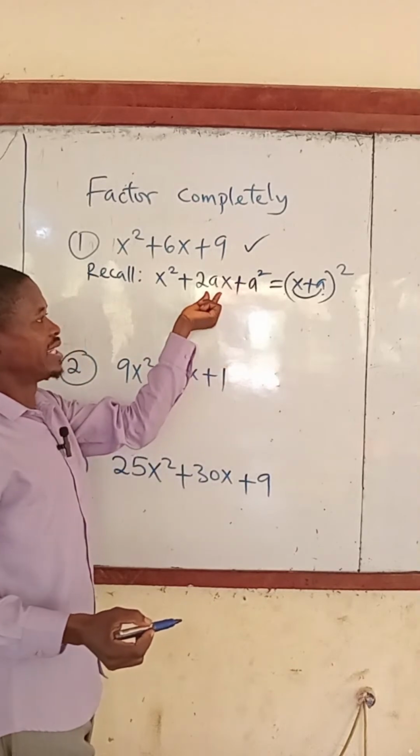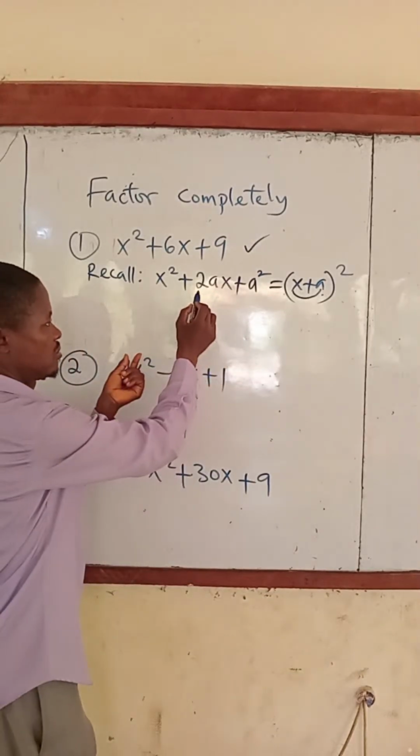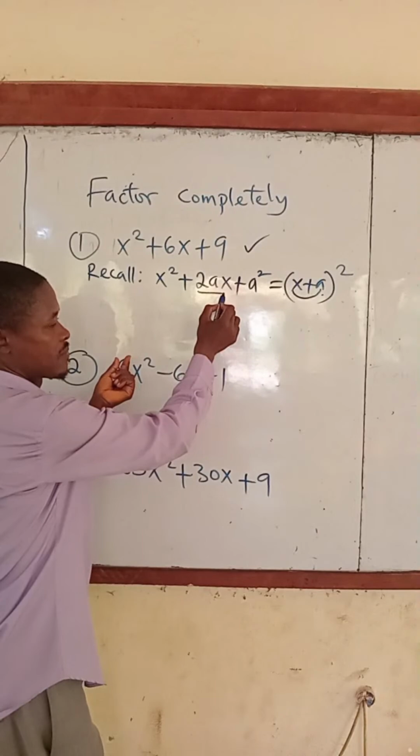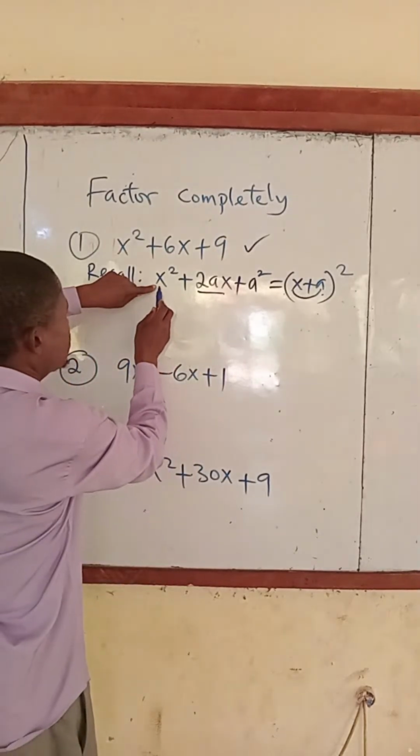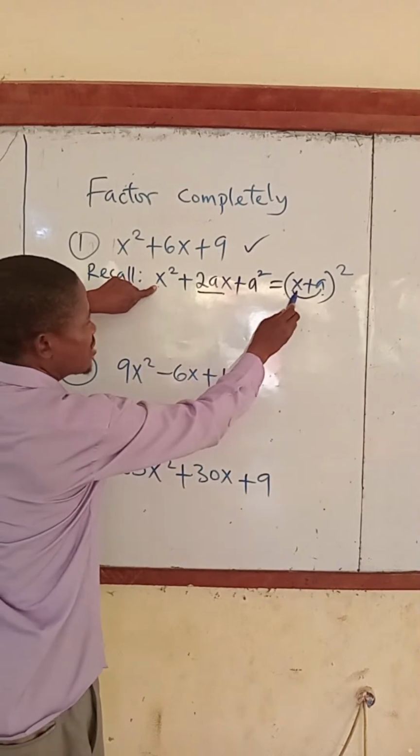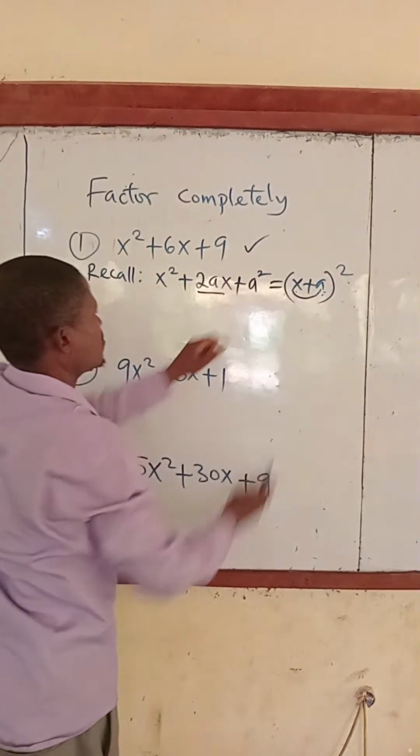So at the middle point times 2. Then again, you have one of these x and then one of these x.